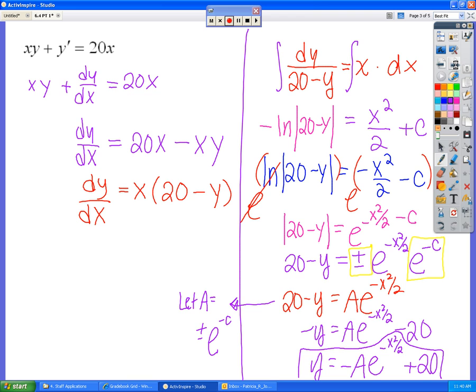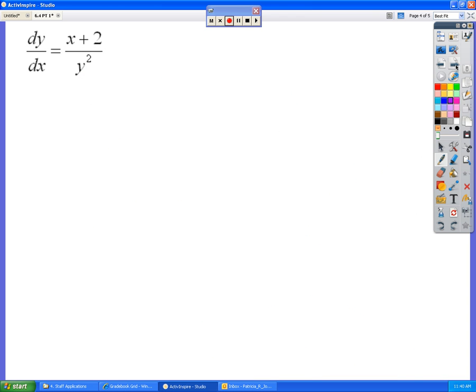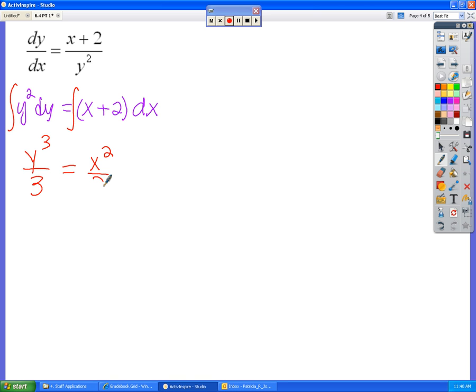Moving on, another example for you would be this one here. So I'm going to separate. I'm going to take the integral of both sides. And on this side I get y cubed over 3. On the other side I get x squared over 2 plus 2x plus c.